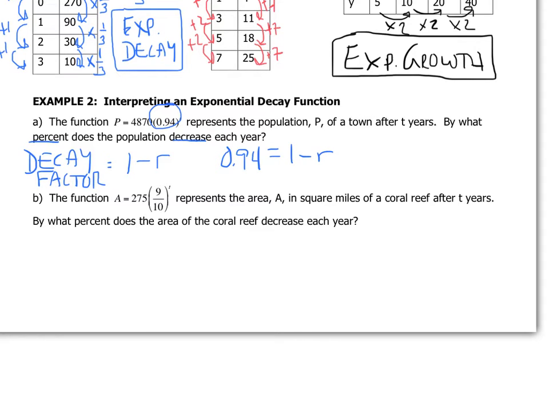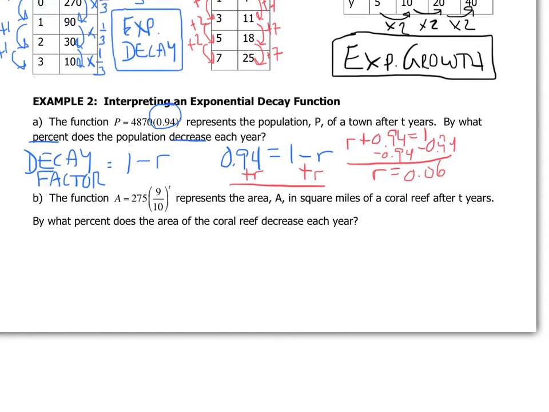Well, to solve this simple equation, I would probably consider adding R to both sides to get R plus 0.94 equals 1. Subtract my 0.94, and my R equals 0.06.